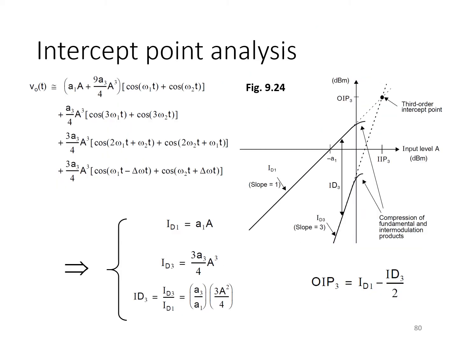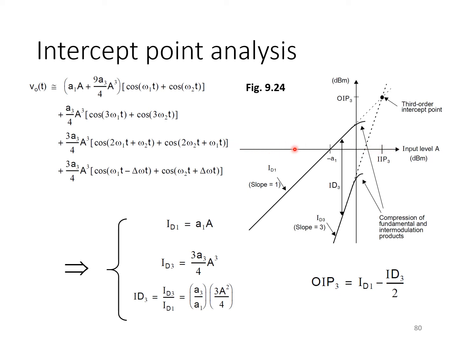So again, let's imagine an experiment where we're taking an amplifier that has some nonlinearity and we're applying input, either a single tone or two-tone input, with an amplitude having an input level A. And let's imagine that we sweep the input level of the input amplitude.